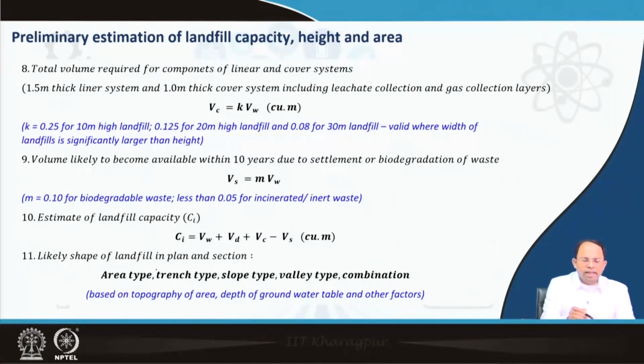Then along with daily cover, we require components like liners, covers, and so on, right? So the total volume required for that, assuming a 1.5 meter thick liner system and 1 meter thick cover system, including leachate collection and gas collection layers, we can take another 0.25 for landfills of smaller height.